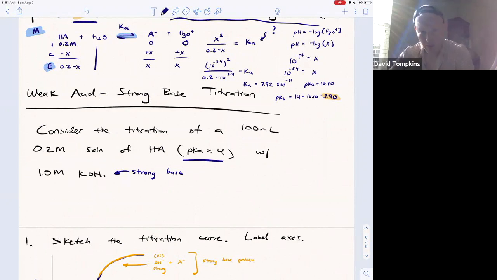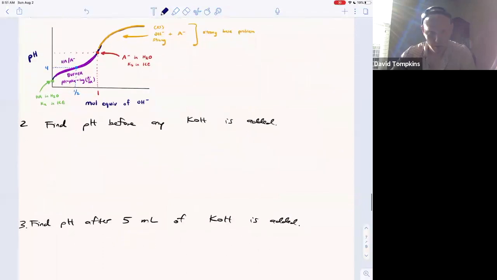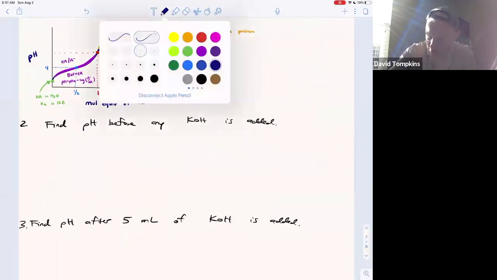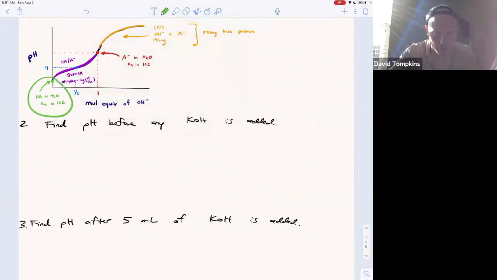So now we're going to start solving for the pH, starting first with this point here, before we add any hydroxide. In other words, this is just the weak acid alone, or you react it with water.